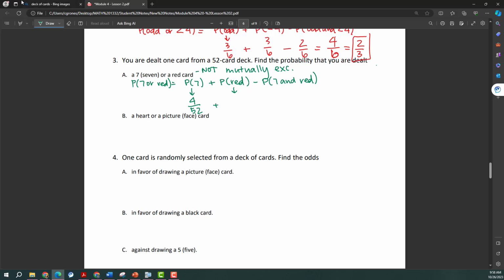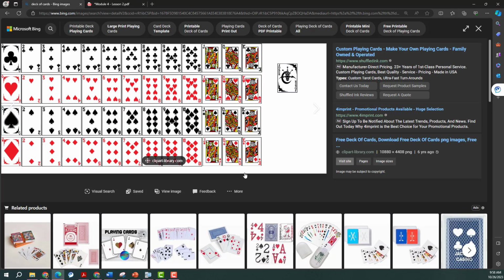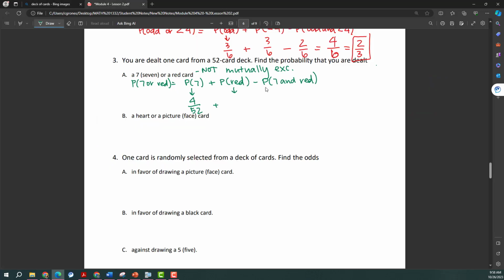Out of the red, half of our cards are red. So half of 52 is 26. So we have 26 out of our 52 cards that are red. I'm leaving these as the not reduced fractions so that I can add this up easily. If I was to put 1/2, then it would make this more complicated to add, unless you do it in your calculator.